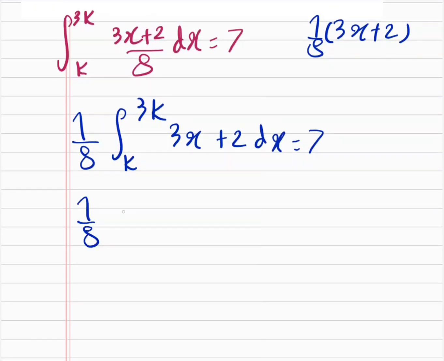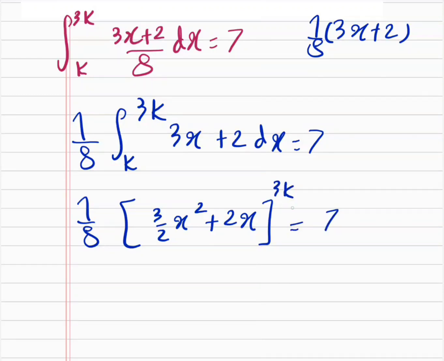Okay, now let's integrate. 3x integrates to 3/2 x squared, and 2 integrates to 2x. And this is simpler in comparison to having the 8 inside, equal to 7, and the limits are 3k and k.